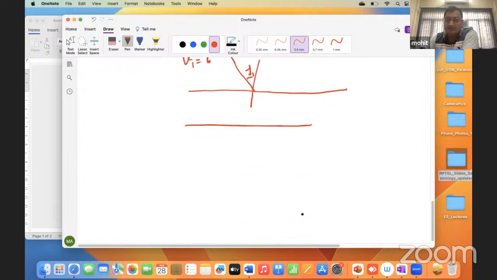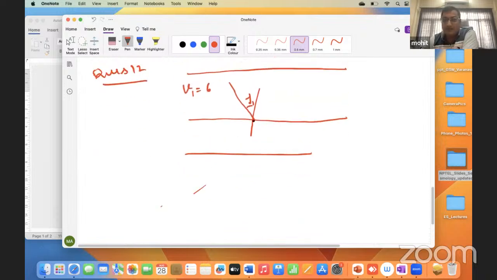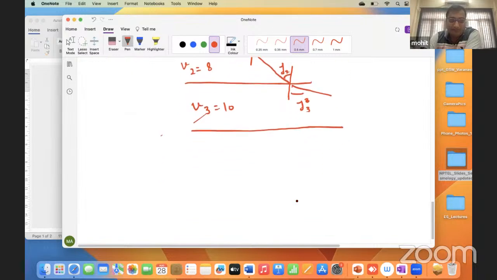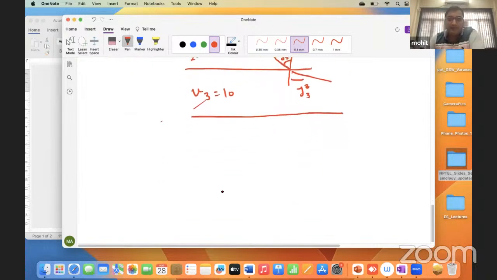After refraction, this ray is moving downward and making angle j2 on the second interface. There the velocity is 8 kilometers per second, and there is another interface, or you can say the half space, v3 equal to 10 kilometers per second, and the angle it makes is j3.